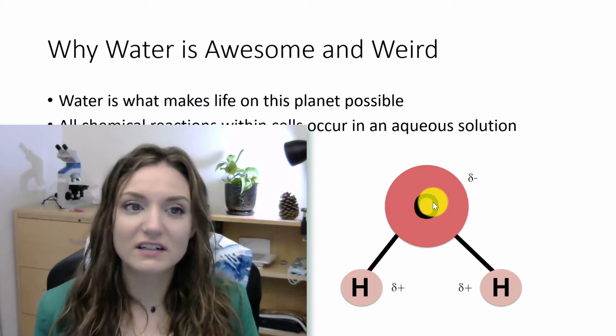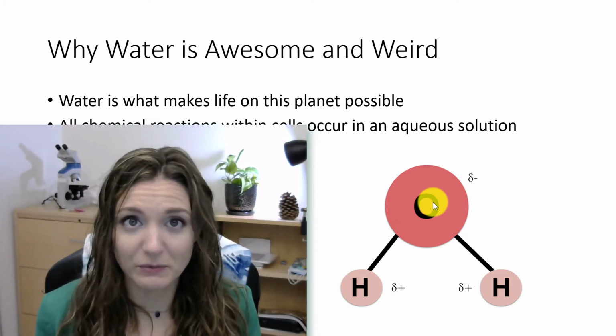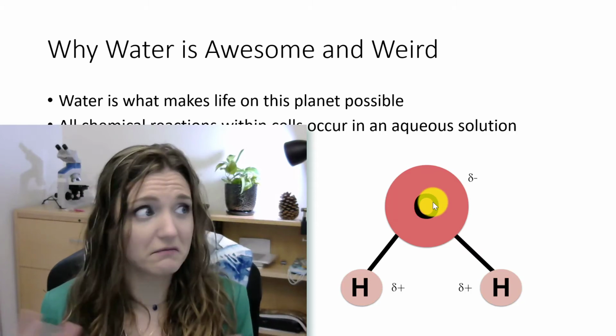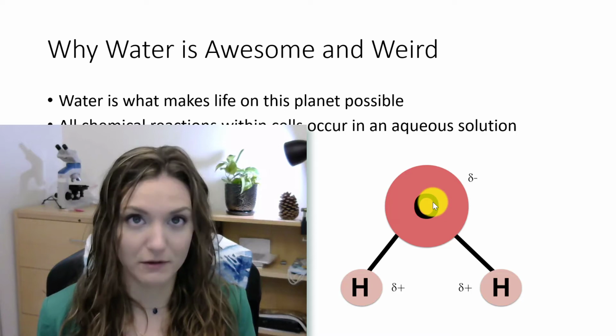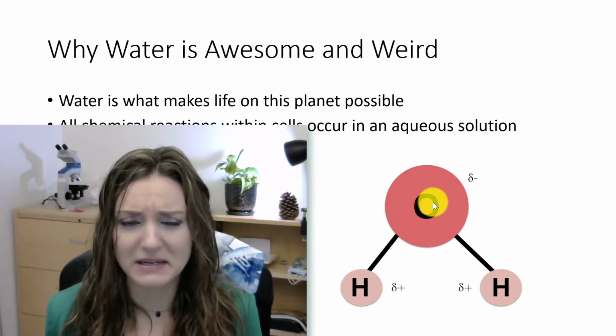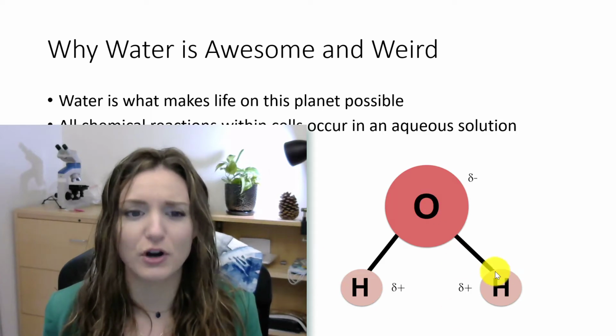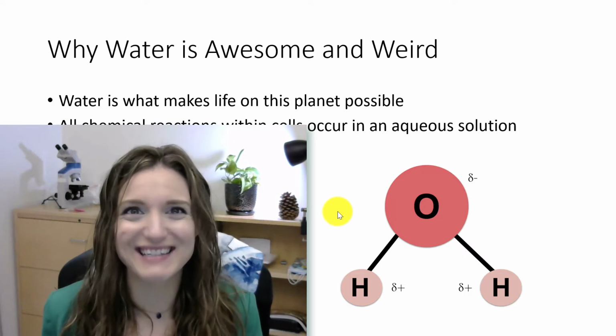So water, again, is the platform in which all chemical reactions for living organisms happen. Okay, and water is a really unique molecule because it is a polar molecule. Basically, all that means is that there are slight charges within the water molecule itself, right? So water, H2O: two hydrogens and an oxygen.